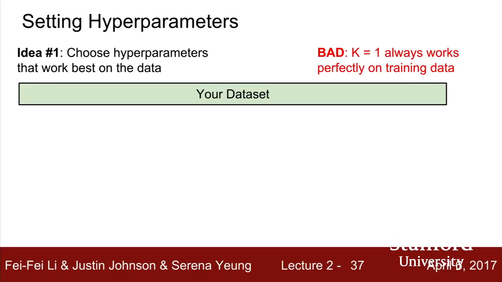So if we use this strategy, we'll always pick k equals 1. But as we saw from the examples earlier, in practice, setting k to larger values might cause us to misclassify some of the training data, but in fact lead to better performance on points that were not in the training data. And ultimately, in machine learning, we don't care about fitting the training data. We really care about how our method will perform on unseen data after training. So this is a terrible idea.